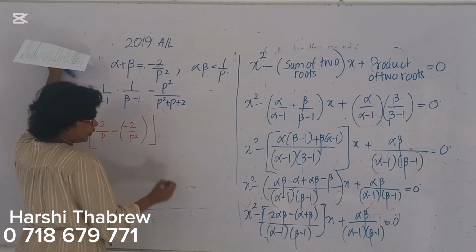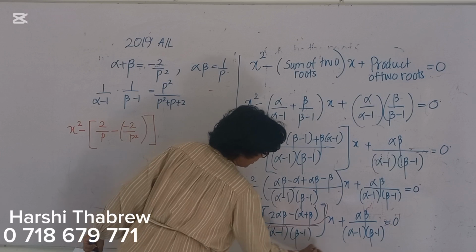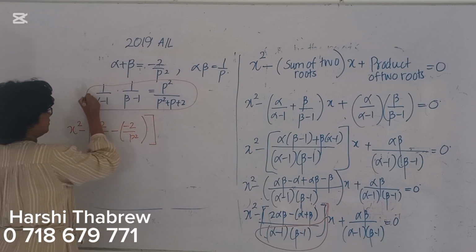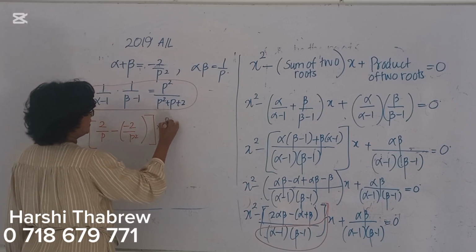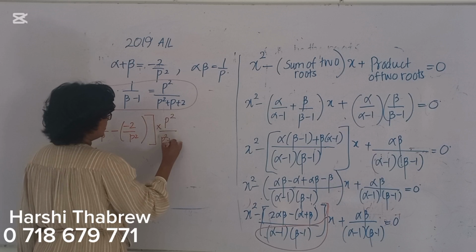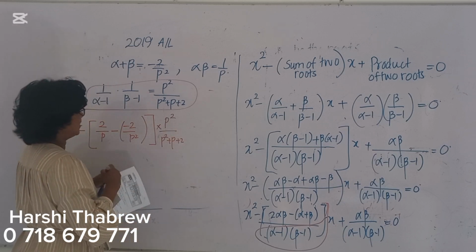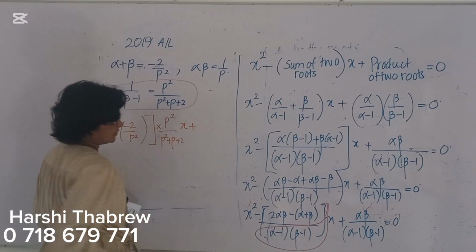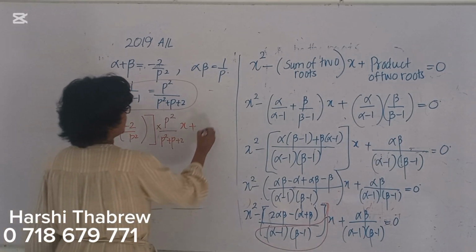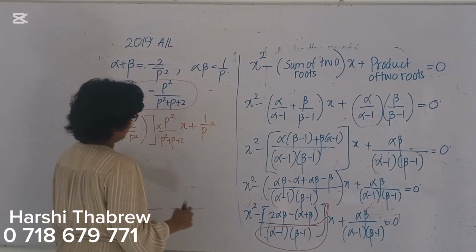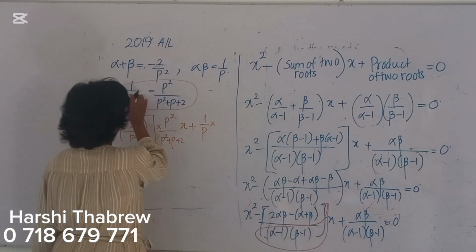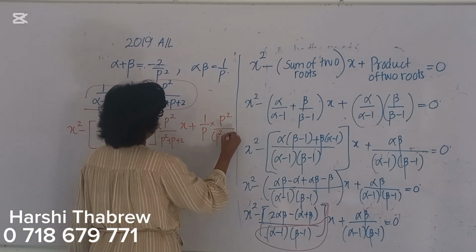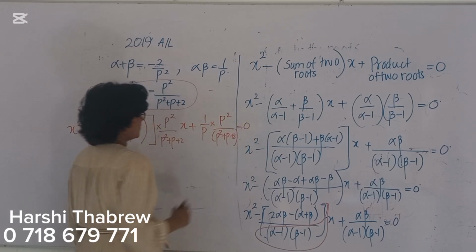It's equal to 1 over alpha minus 1 into 1 over beta minus 1, this product. These two are equal, so you can multiply it by it. p squared over p squared plus p plus 2 times x plus alpha beta. Alpha beta is 1 over p, and you can write the substitution for this product: p squared over p squared plus p plus 2 equals 0.